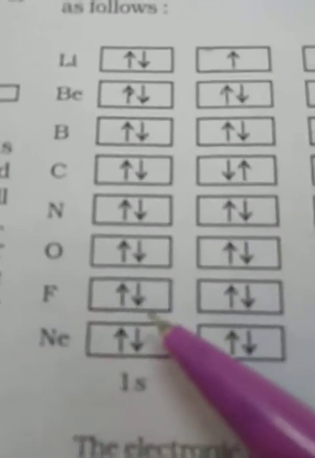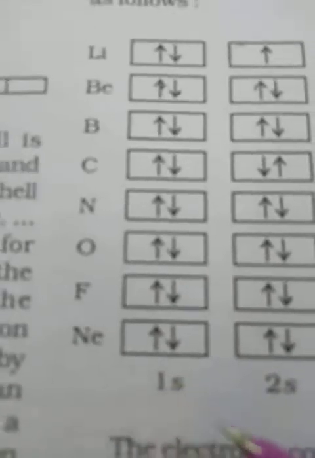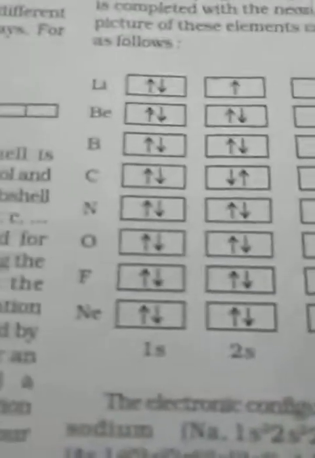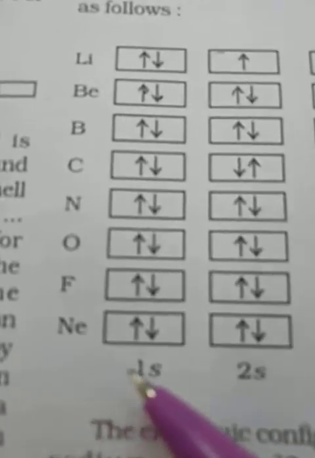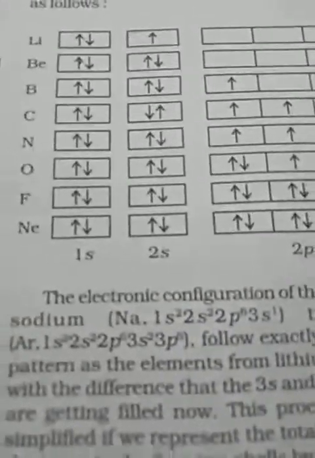Then fluorine 9: 2, 2 and 5. Now the remaining 1, 2, 3, 4th and 5th. Next is neon, 10: 2, 2 and 6, so it is completely occupied. This is a stable configuration.